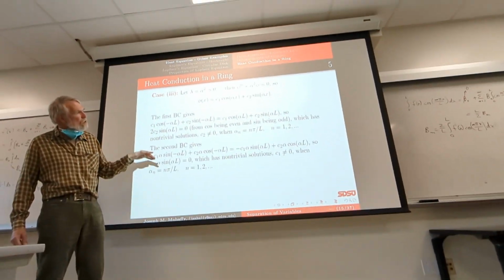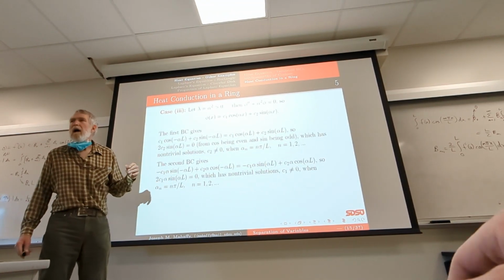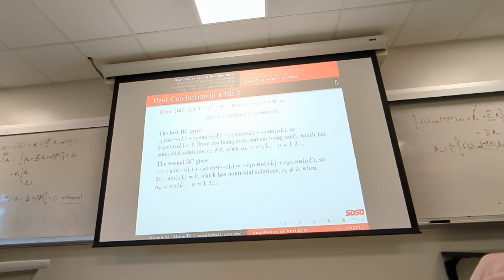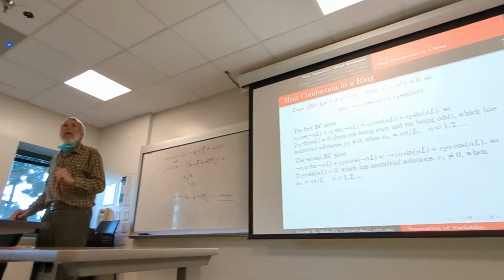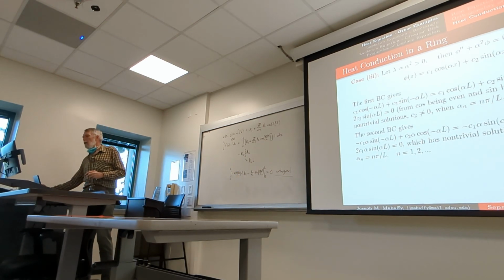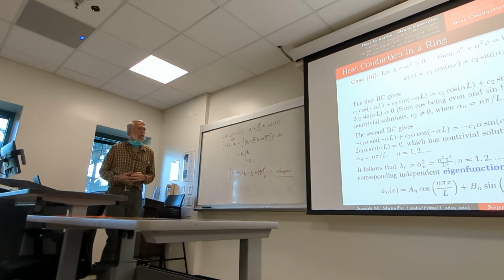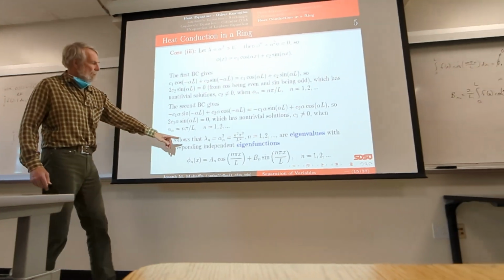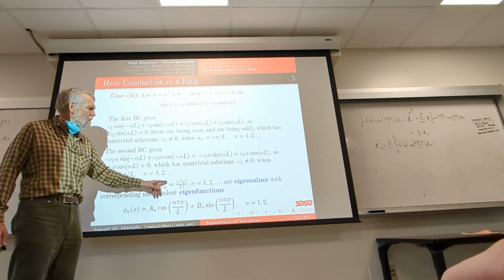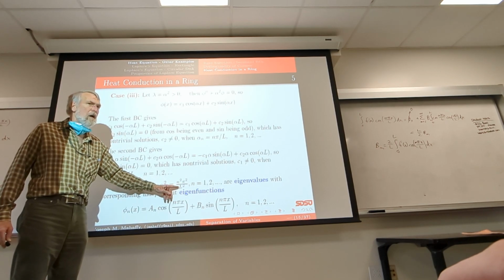Now putting these two things together, C1 can be arbitrary, and it goes with the cosine of n pi x over L. And C2 can be arbitrary, and that goes with the sine. So the eigenvalues, the lambda n's, or alpha n squared, are n squared pi squared over L squared.